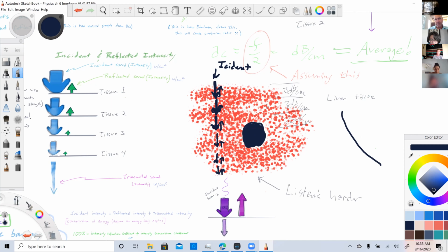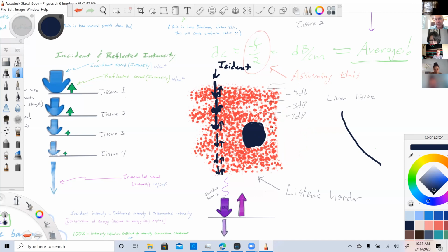I should probably make this a little more clear, huh? So every centimeter that's going by, it's a negative 3 dB, negative 3 dB, negative 3 dB.